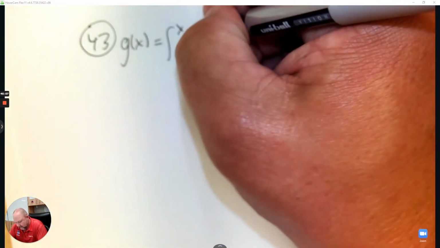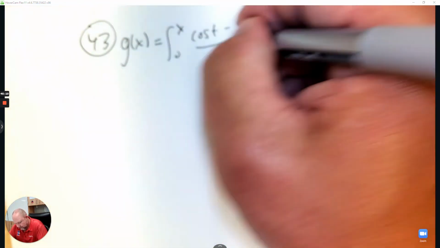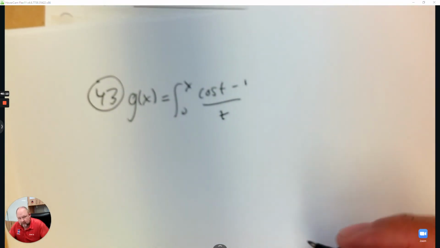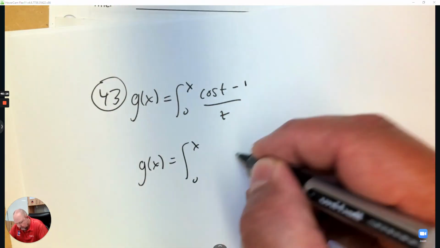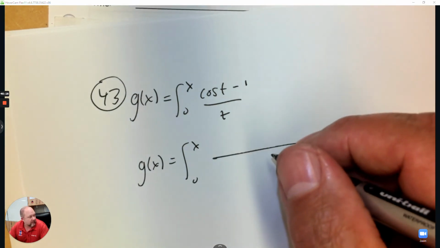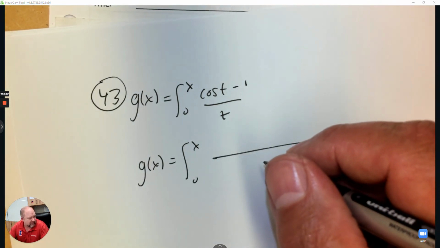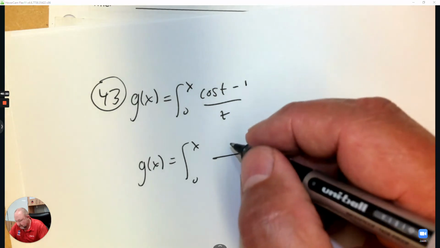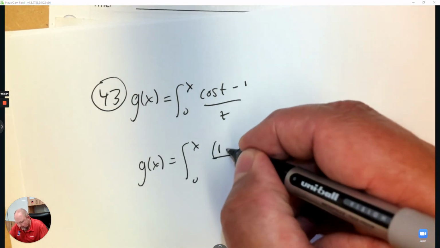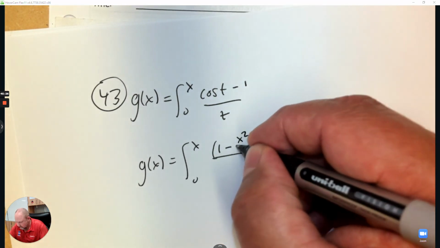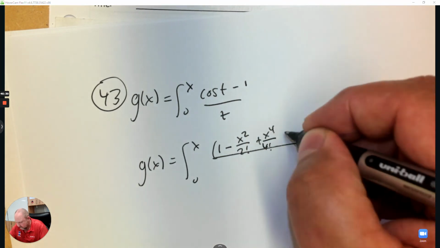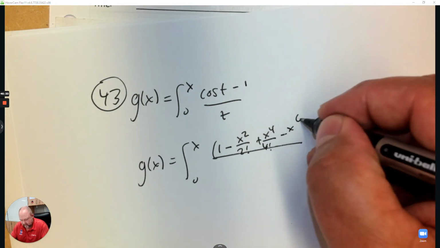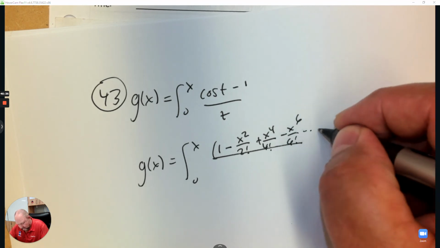We're integrating. Write it as a series and then subtract 1 at the end. So the series is 1 subtract x squared over 2 factorial plus x to the 4th over 4 factorial minus x to the 6th over 6 factorial and so on.